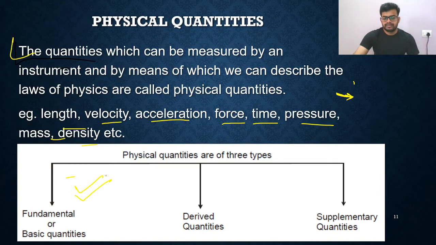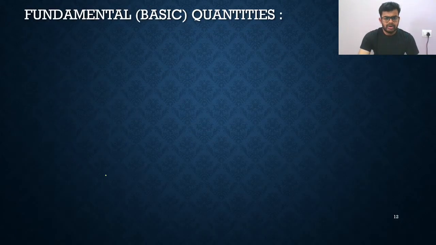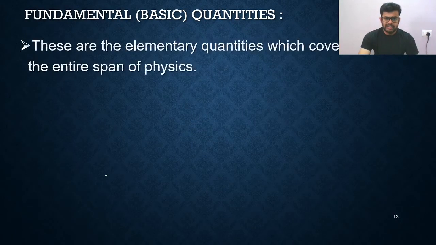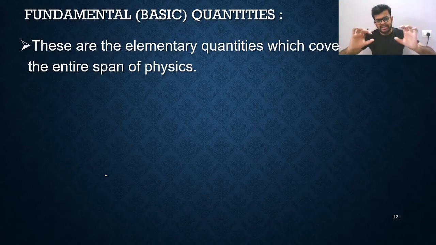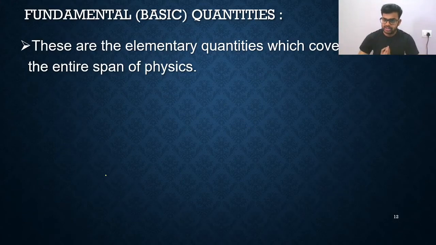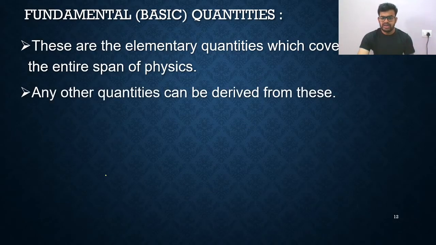Let us talk about these basic or fundamental quantities. These are the elementary quantities which cover the entire span of physics. Remember this. What are these fundamental quantities? We will talk about that after some time. Any other quantities can be derived from these.